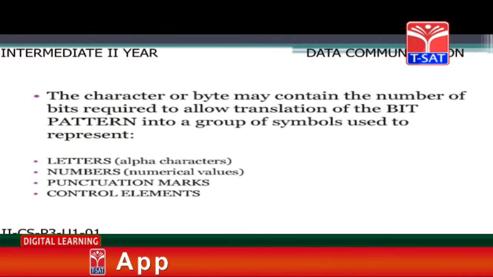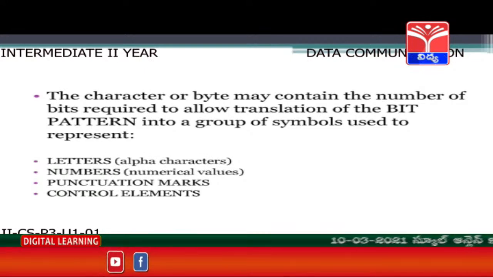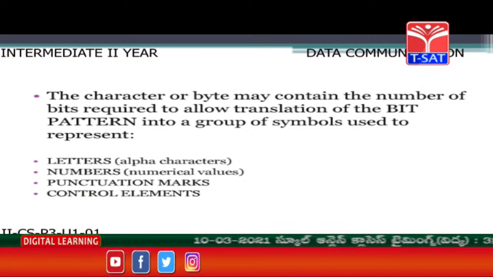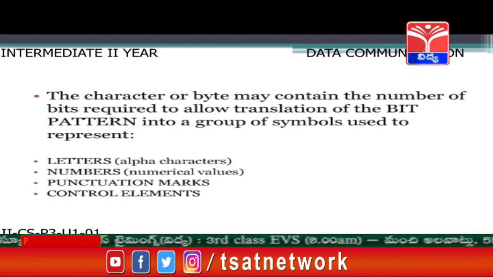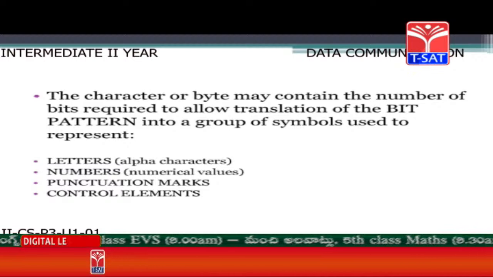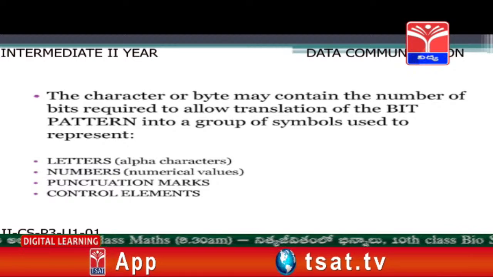The characters or byte may contain the number of bits required to allow translation of the bit pattern into a group of symbols used to represent letters, that is alpha characters, numbers, numerical values, punctuation marks, control elements.